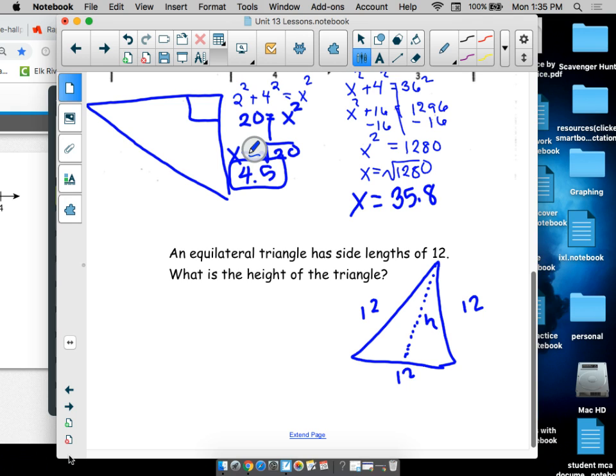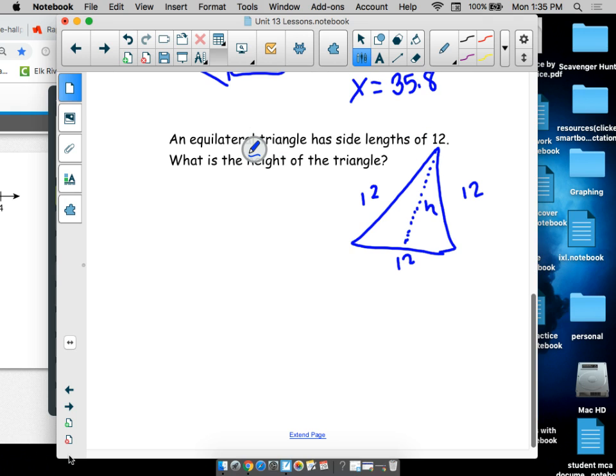The height, look at me please. The height is straight. It's perpendicular to the base. Now what I really did, this is called a perpendicular bisector. Anytime you have an equilateral triangle, and if you were to do a drop down from the top vertex, it halves this.